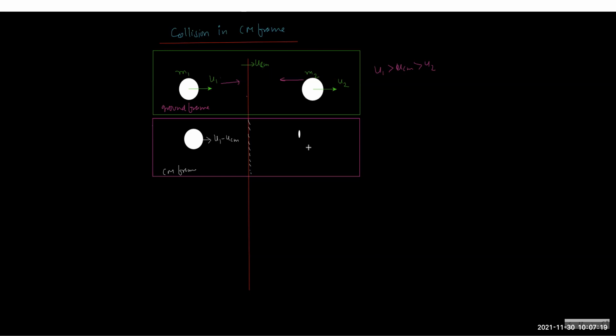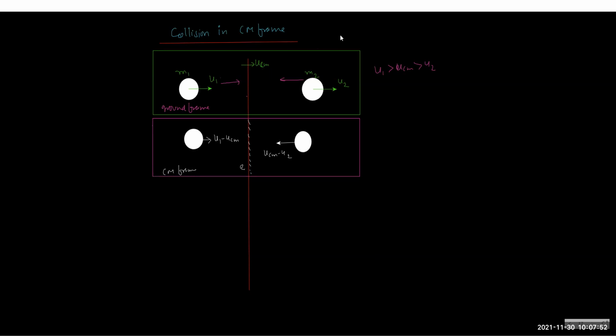And the second particle will be appearing to be moving left. With what speed? Tell me. The speed will be UCM minus u2, because UCM is more than u2. And now the wall is like a fixed wall. It's a fixed thing, it will not change. And then we can say the coefficient of restitution is e. Of course, we say this.